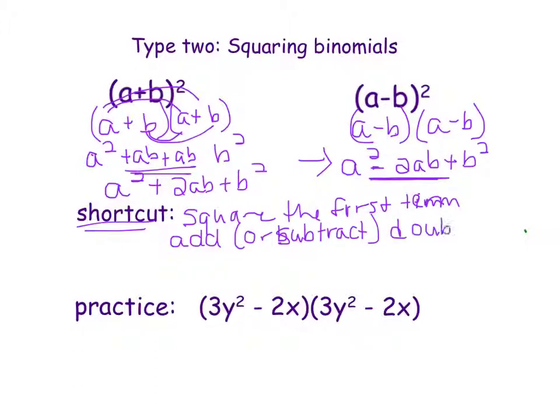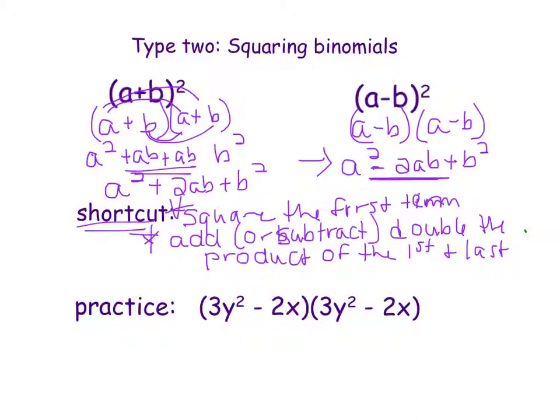Double the product of the first and last. So that's the first thing, the add or subtract, the double, so multiply the first and last together and then times 2, and then add the square of the last.